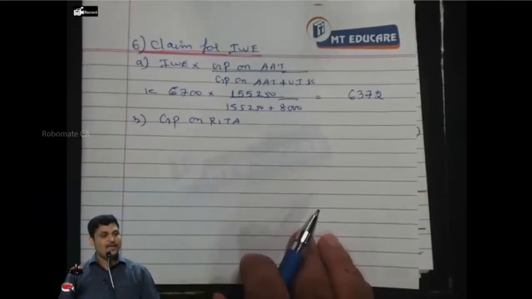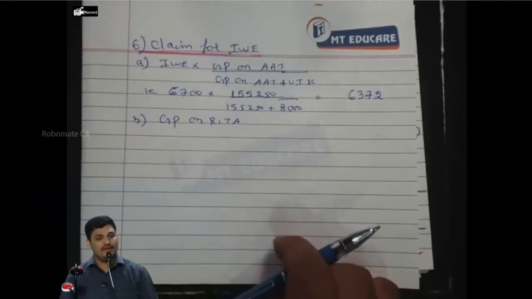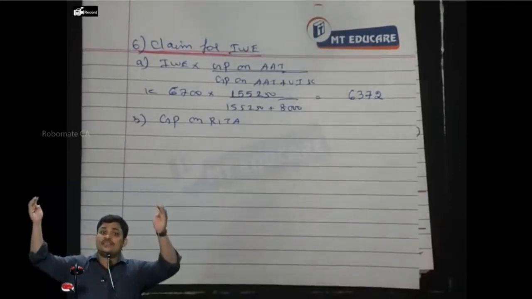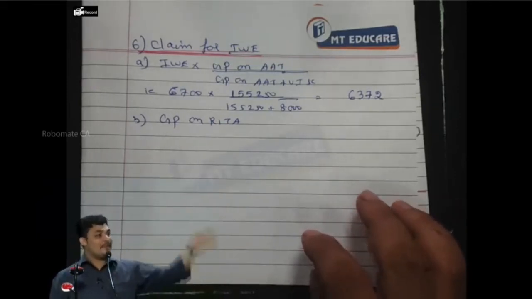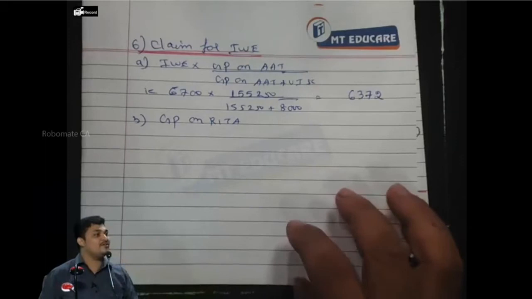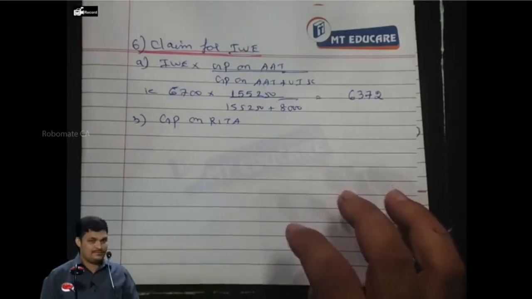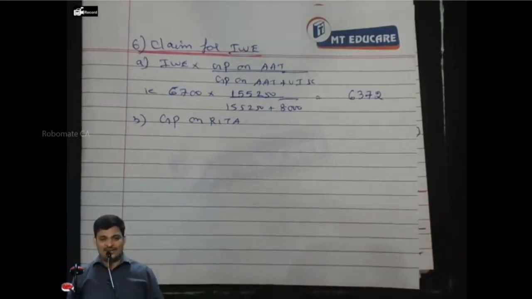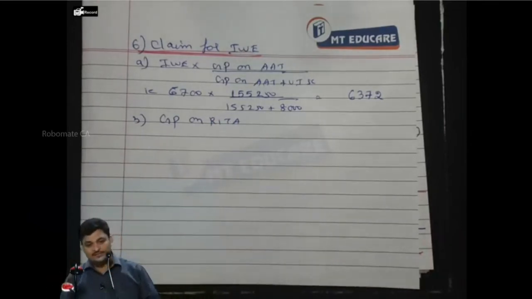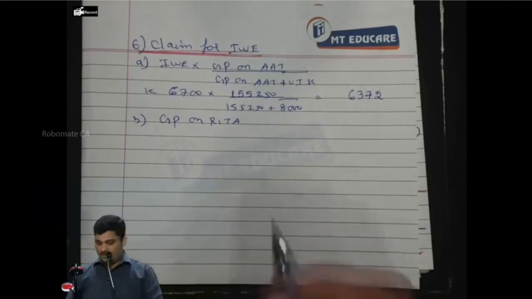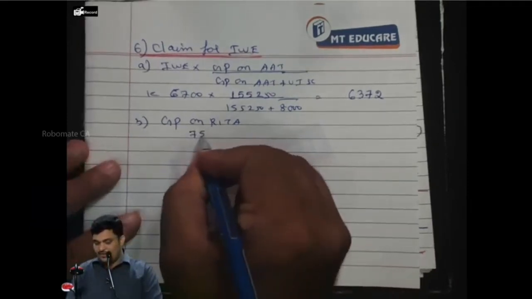I repeat, since no breakup has been given of how much of the sales relates to expenditure, we normally assume that entire sales is because of the expenditure, and thereby entire sales will be taken as Rita. Understood?